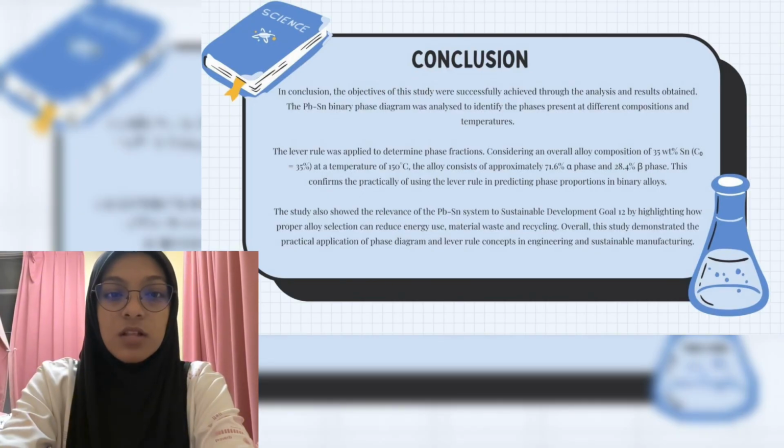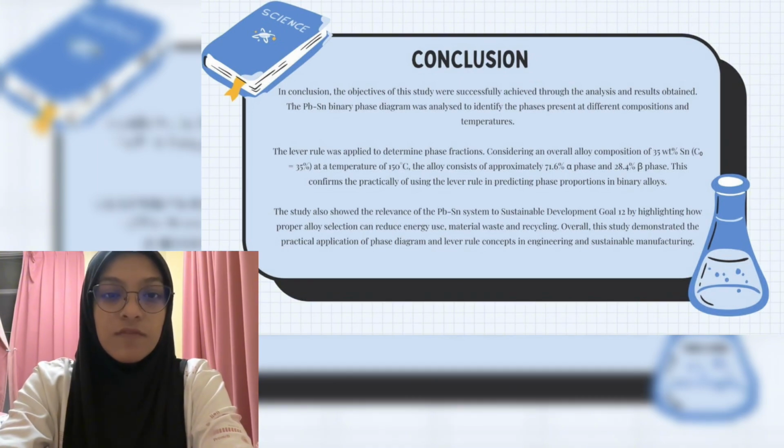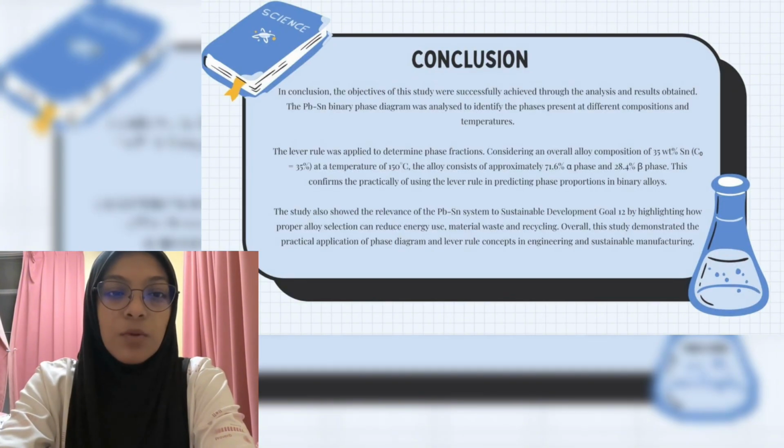Considering an overall alloy composition of 35 weight percent tin at a temperature of 150 degrees Celsius, the alloy consists of approximately 71.6% alpha phase and 28.4% beta phase. This confirms the practicality of using the lever rule in predicting phase proportions in binary alloys.